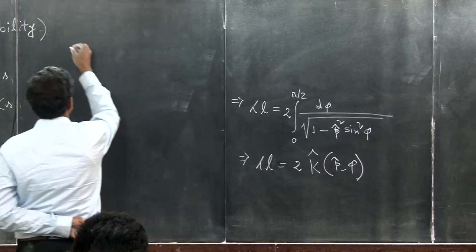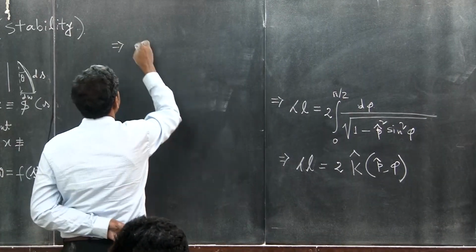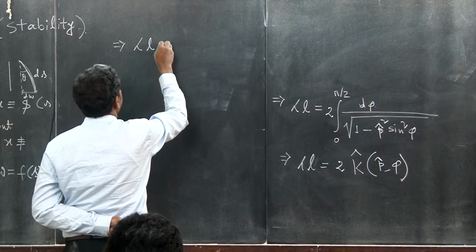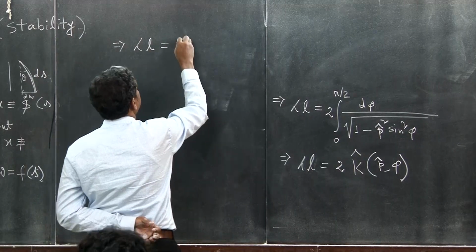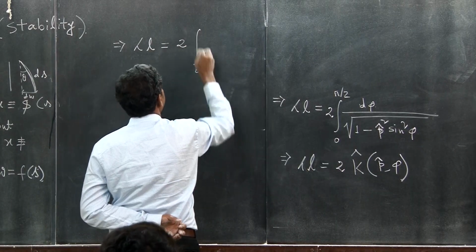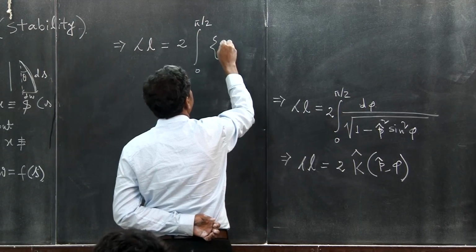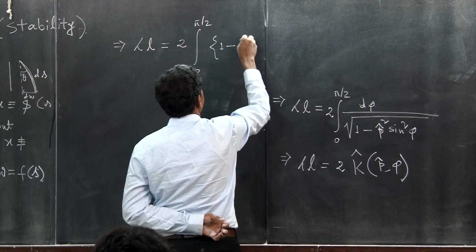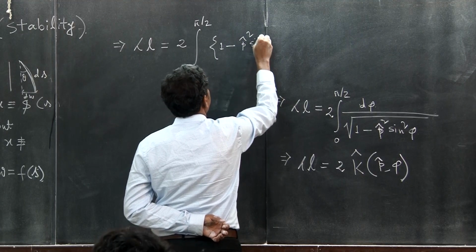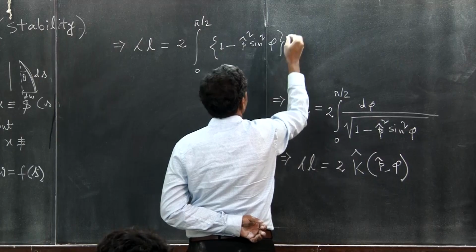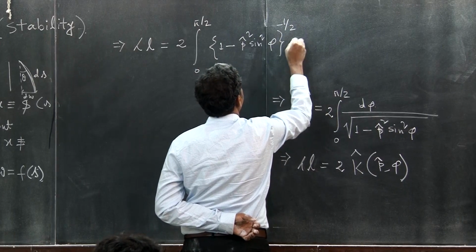Here, let lambda L be equal to 2 integration 0 to pi by 2, taking this in the denominator, (1 minus p cap square sine square phi) to the power minus half d phi.